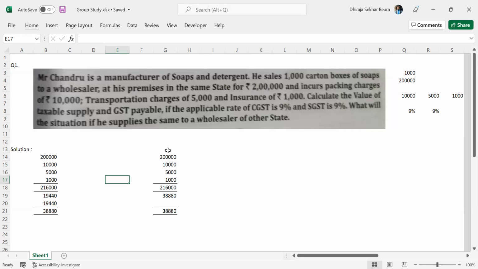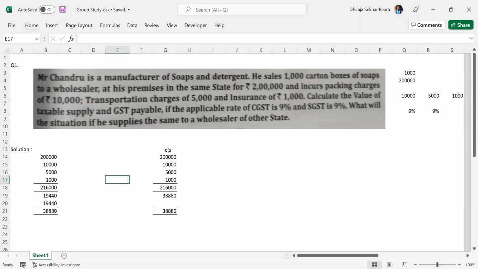Because of which, when only information about Mr. Chandru is provided in the question, we will calculate everything for Mr. Chandru. When we go to the next question, you will see it will specifically ask for all those persons involved in different spheres of the trade, and it will ask for the GST payable by each of them, and for each of them the information will be given separately.